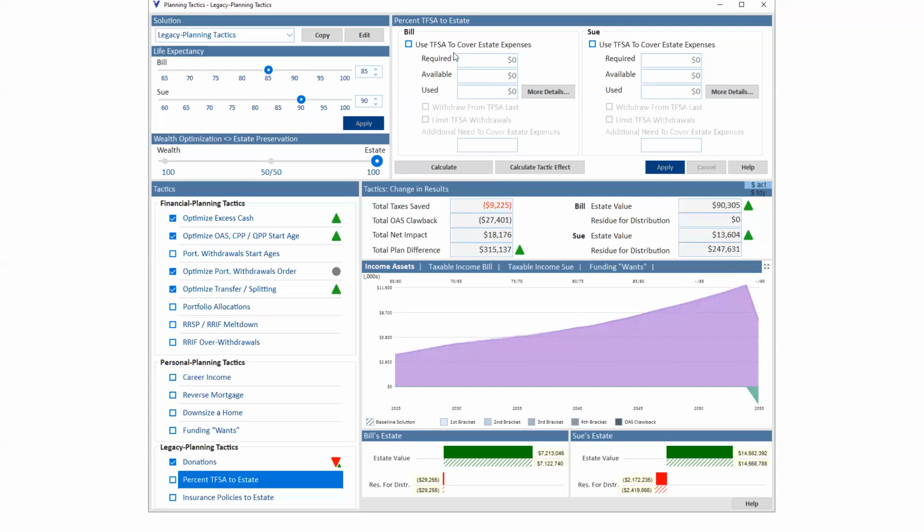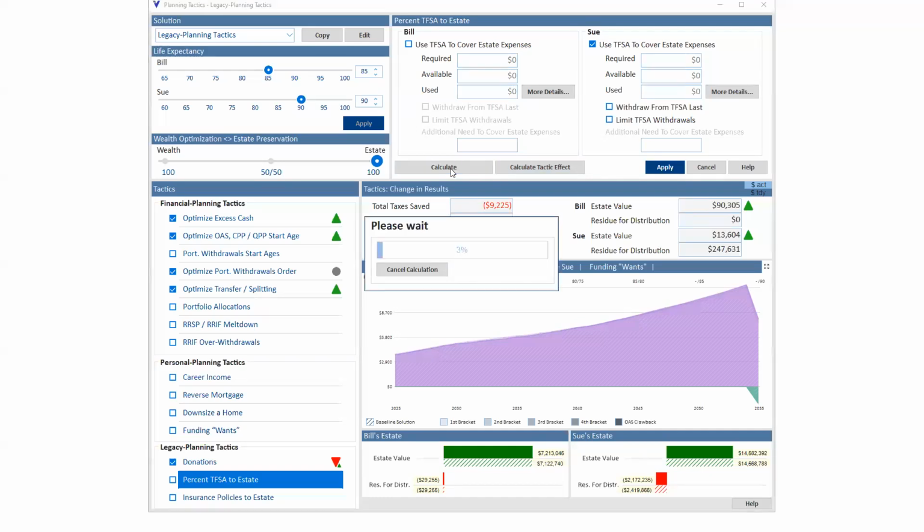So what we'll do here is we're not going to select Bill transferring TFSA to cover any estate expenses. We want Bill's TFSA to transfer to Sue on his death in order to increase the TFSA that she has, which is going to increase the effect of compounding on those TFSA assets. So we're going to select her checkbox, and then do a calculate.